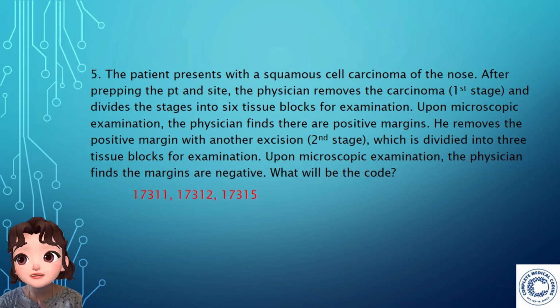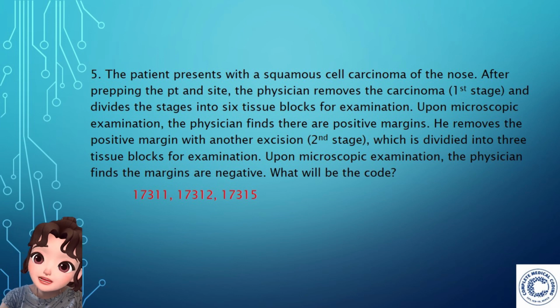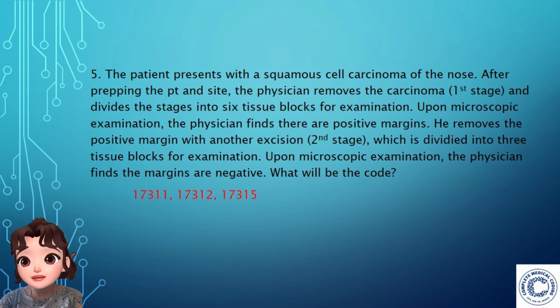Upon microscopic examination, the physician finds there are positive margins. He removes the positive margin with another excision, which is the second stage, divided into 3 tissue blocks for examination. So first stage is 6 tissue blocks, second stage is 3 tissue blocks. Upon microscopic examination, the physician finds the margins are negative. What will be the code?